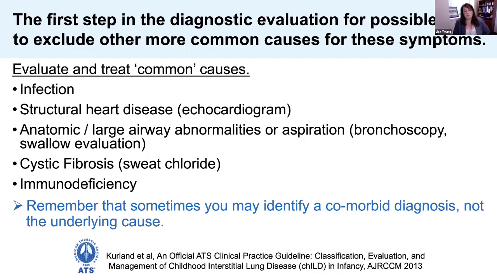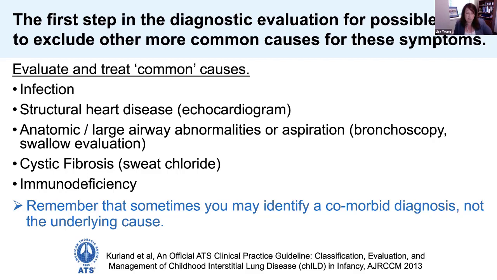So when you start thinking about that, the first thing to do is to pause and to exclude more common causes for these symptoms. So this is from the ATS clinical practice guideline from 2013, recommending to consider, doesn't mean you have to do all these things, but consider evaluating and treating for infection, structural heart disease, anatomic or large airway abnormalities, as well as aspiration, cystic fibrosis.